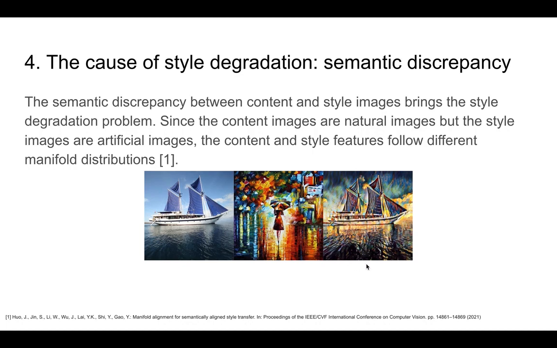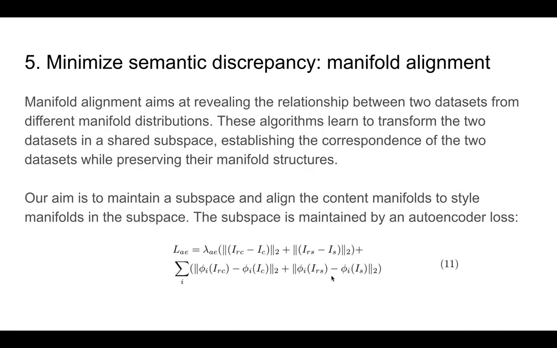So previous methods like AdaAttN do not align the distributions of the content feature and the style feature, and may only use a few kinds of colors for rendering. The technique we use to minimize the semantic discrepancy is manifold alignment.